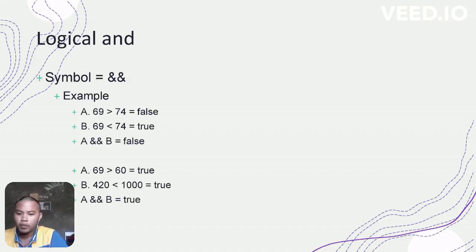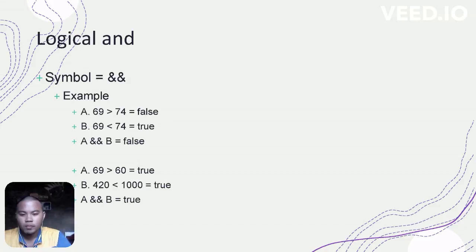As you can see in the example, A is false, B is true. When you use the logical AND in A and B, A logical AND B, it turns into false, because there is one operand that is non-zero, while the other operand is zero, which is false.